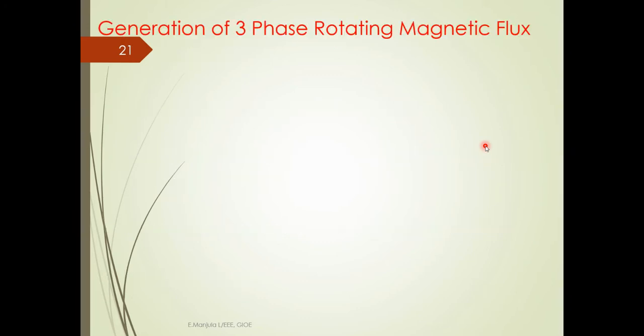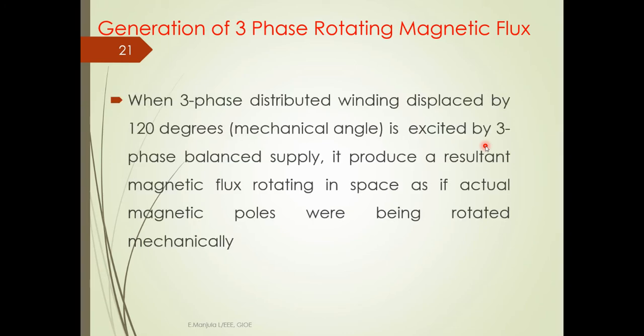So now we will see the generation of a three-phase rotating magnetic field or flux. Okay. So here the stator construction of the synchronous motor is the same as that of an induction motor stator construction. Okay.